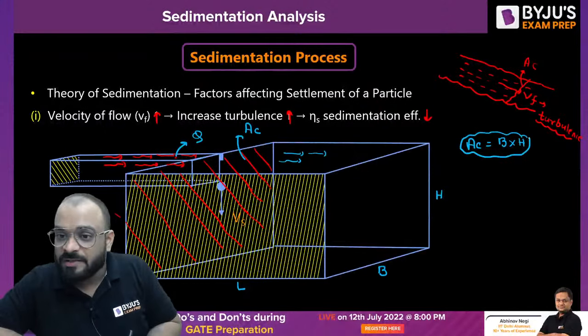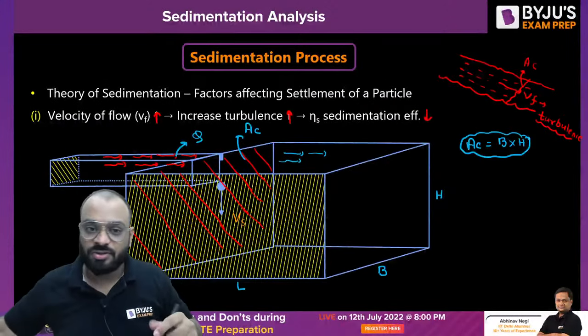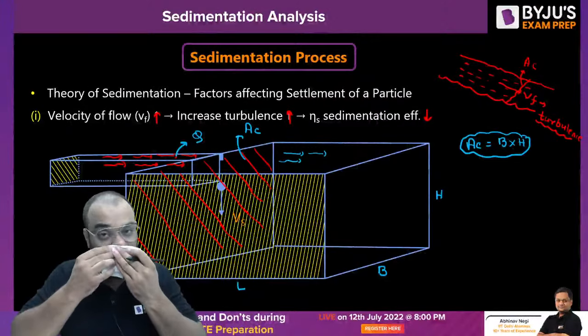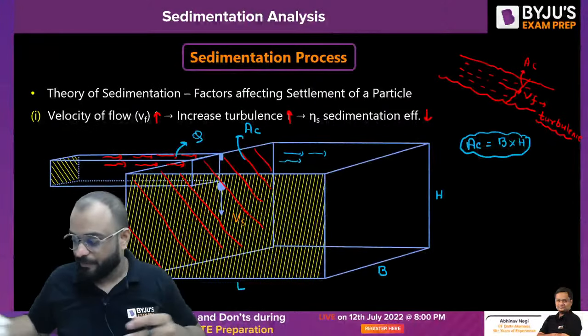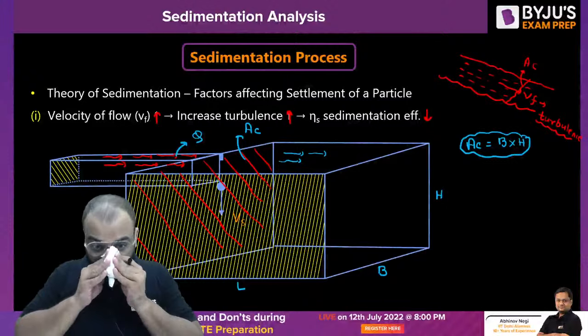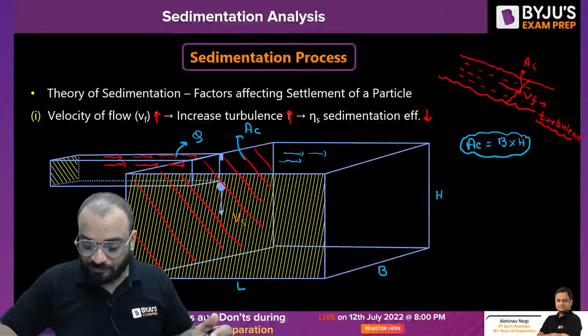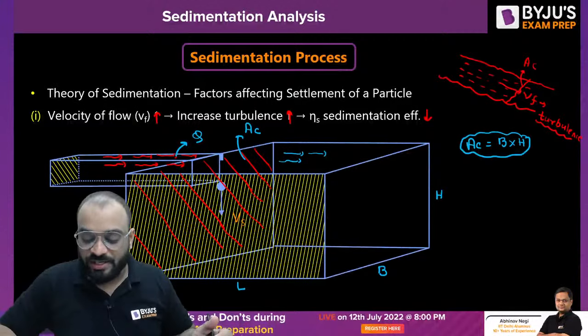Now tell me, if I change this particular cross-section area, then will the flow velocity change or not? Yes or no? Quickly tell me.